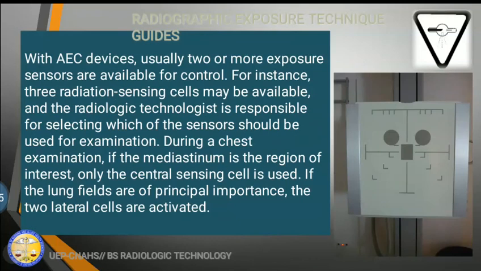So, with AEC devices, usually 2 or more exposure sensors are available for control. For instance, 3 radiation sensing cells may be available, and the radiologic technologist is responsible for selecting which of the sensors should be used for the examination.